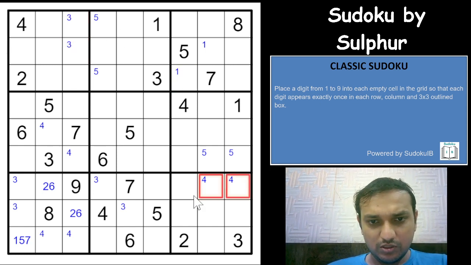I see something symmetric with 3 and 4 here actually at all places. There's something symmetrically going on with 3 and 4.